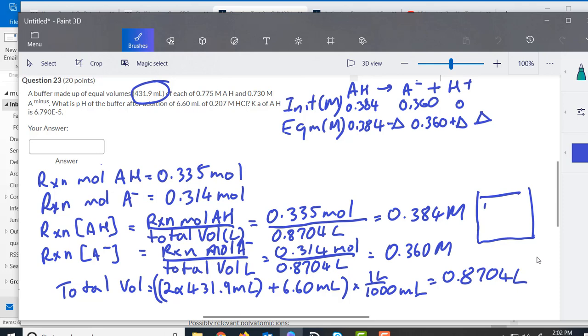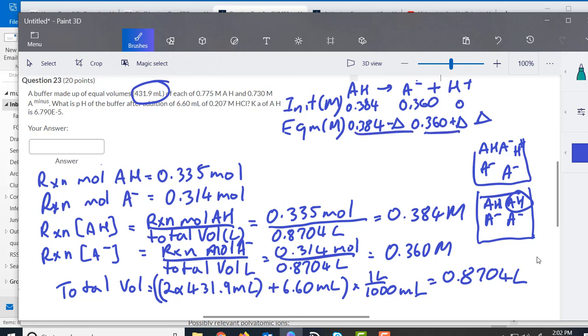So let's say you've got just AH and A- floating around in the reaction mixture. The AH can then dissociate and become A- and H+. And you can see that the effect of that is that for every AH that breaks apart, you'll get an A- and an H+, which is why the AH goes down, but the A- ends up going up.